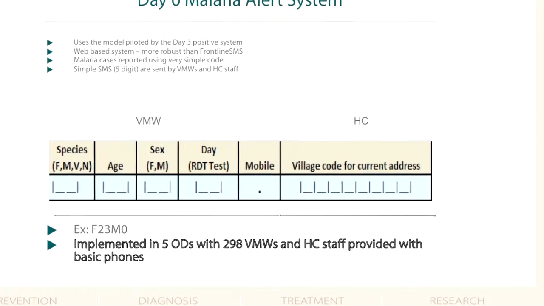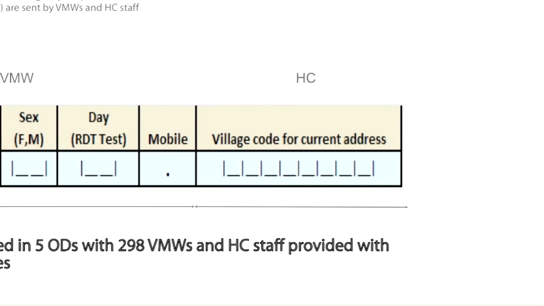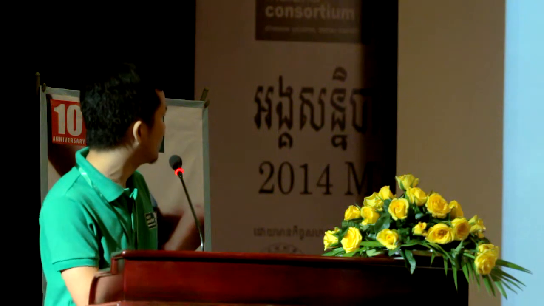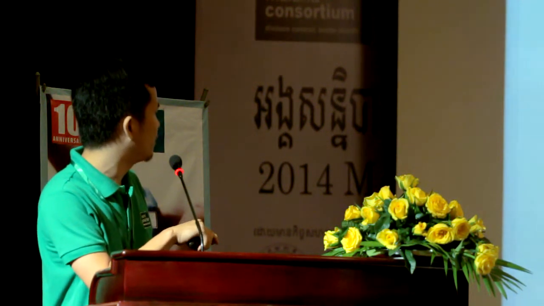This is for health center staff only, not for VMWs, because in the health center there are many patients from different villages. That's why we identify the code of the village. This part is not needed for the VMW, because all the patients are supposed to come from the same village, so we don't need the village code.